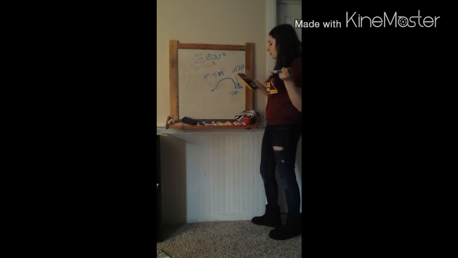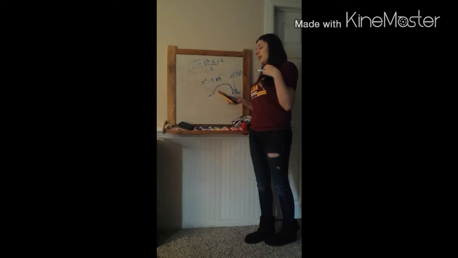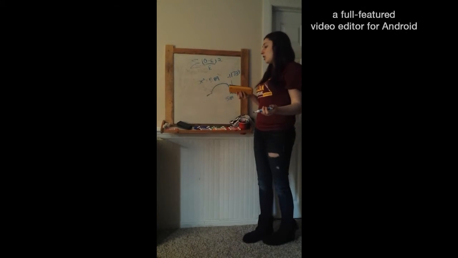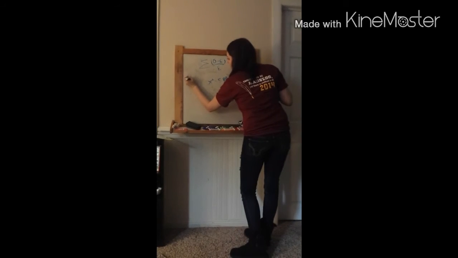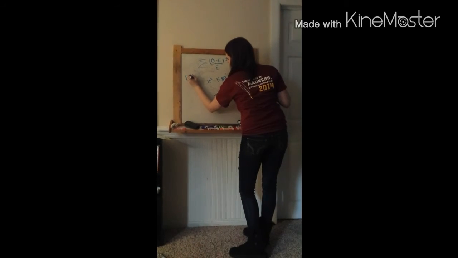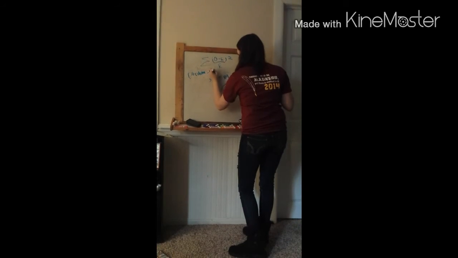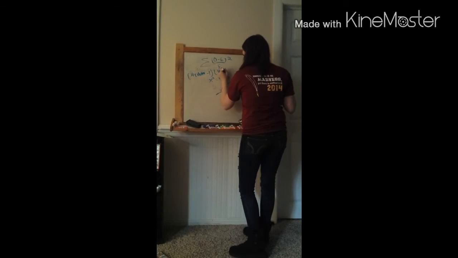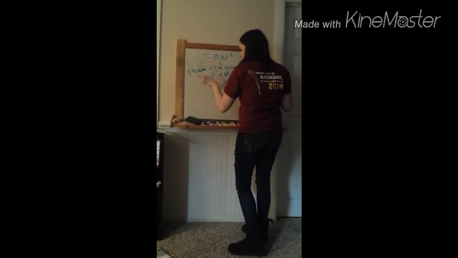Now, I forgot to mention before that we still care about our degrees of freedom. We still want to write them down, even though the calculator gives it to us. So I want you to take the number of columns minus 1, and the number of rows minus 1, and multiply them.